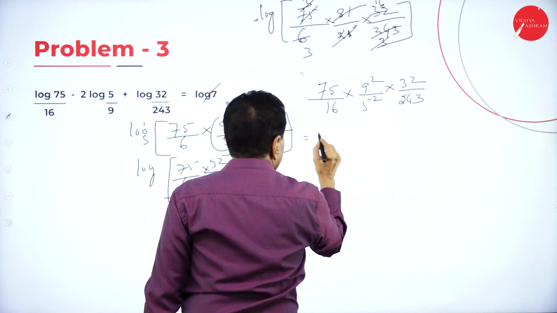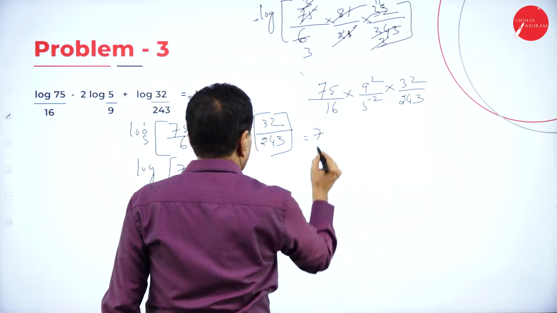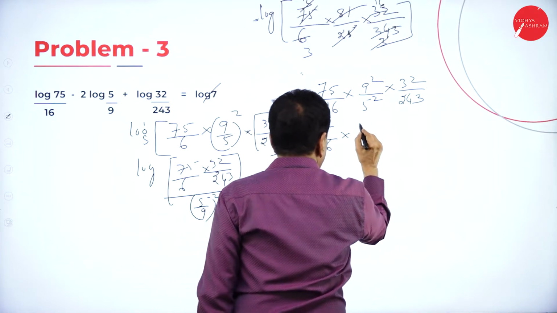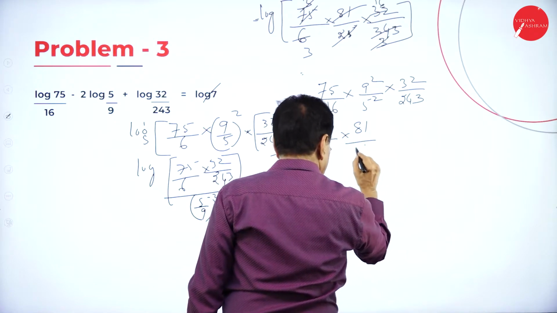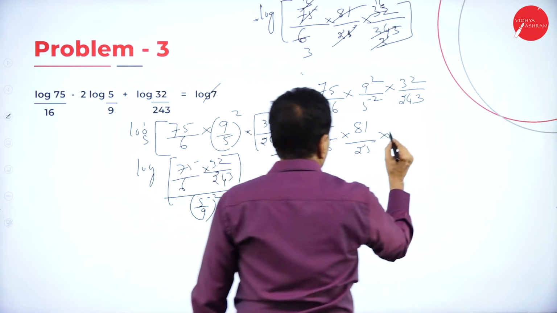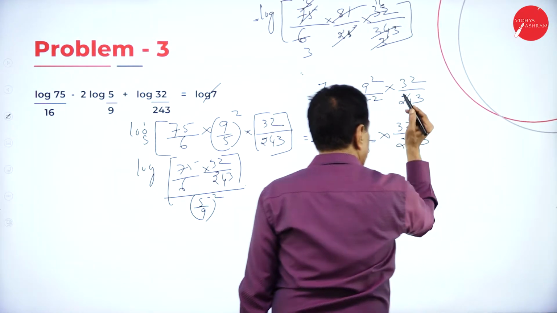This is 75 divided by 16, 81 divided by 25, this is 32 divided by 243.